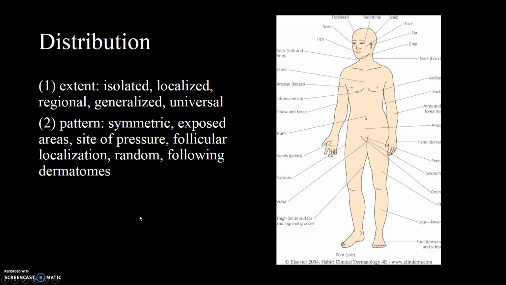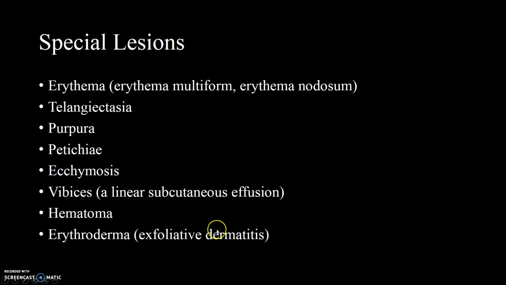Is it random? Or does it follow dermatomes? Again, I hope you see that these are prerequisites to dermatologic diagnoses, when you understand these descriptors that we are using for the rash or the lesion.